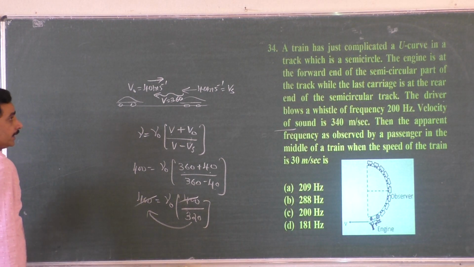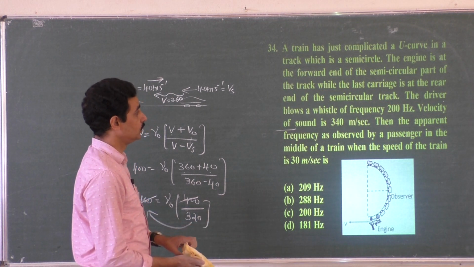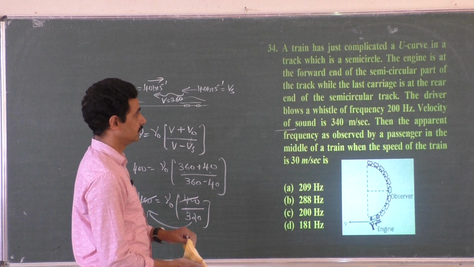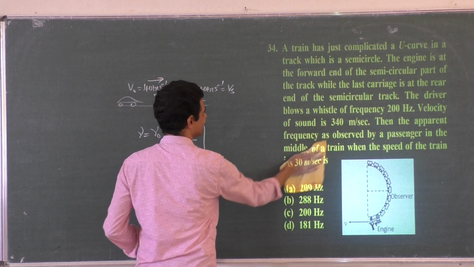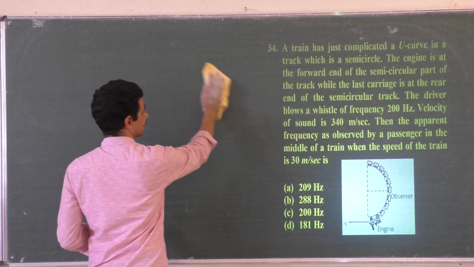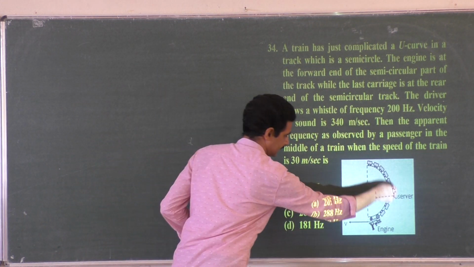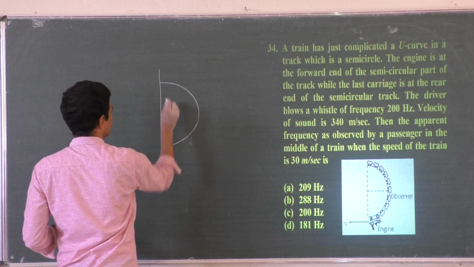Problem number 34. A train has just completed a U-curve in a track. It is not complicated, it is completed. Spelling mistake. Yeah. A train has just completed a U-curve like this. So let me draw my own diagram. This is the track.